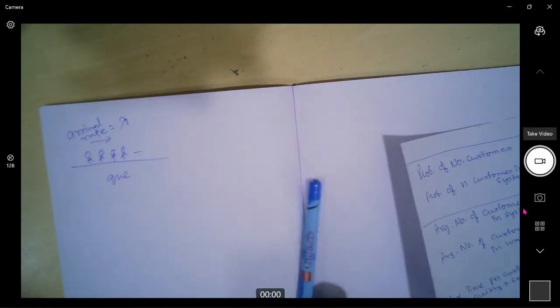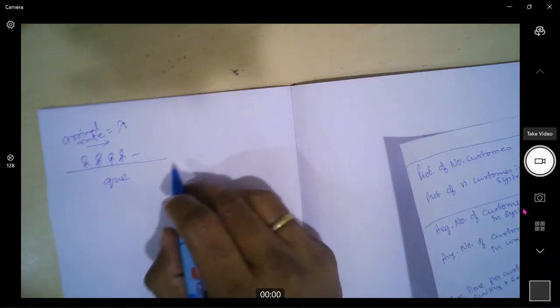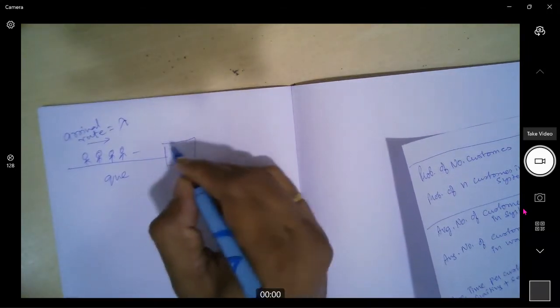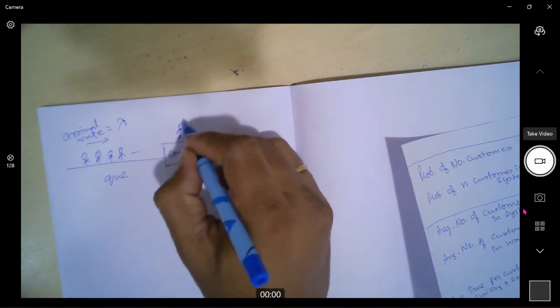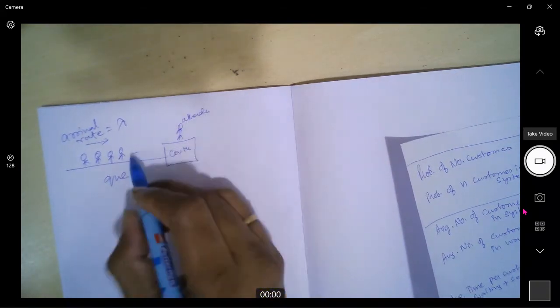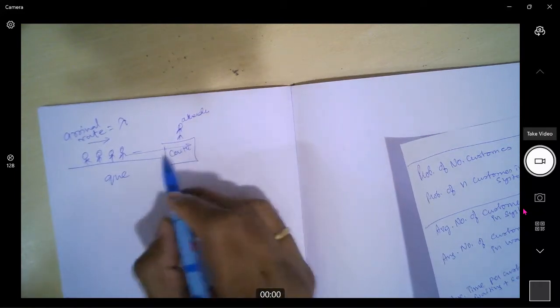So there are two variables, arrival rate and processing. Lambda is the average number of arrivals per time period. Now there is this processing: some counter is there, and one attendant who attends to these people, maybe a billing counter, whatever.